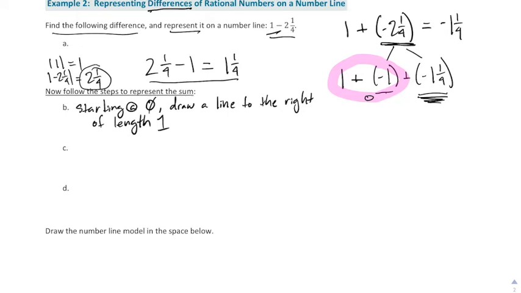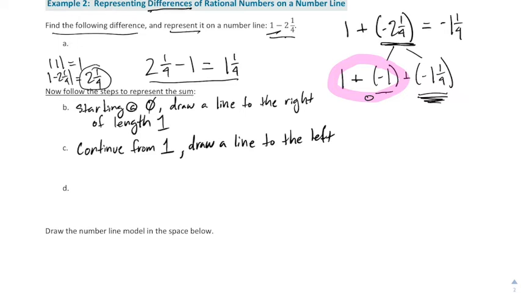Okay, and then since I am adding, I am putting together, I am going to continue from 1, which was where I ended here, step B. Draw a line to the left, because negative 2 1/4 is negative.